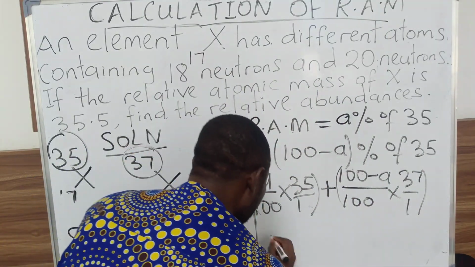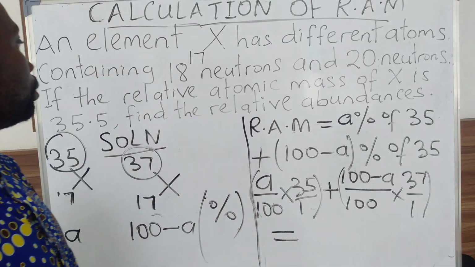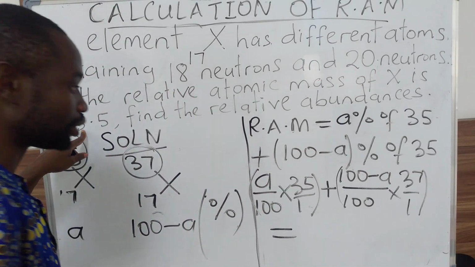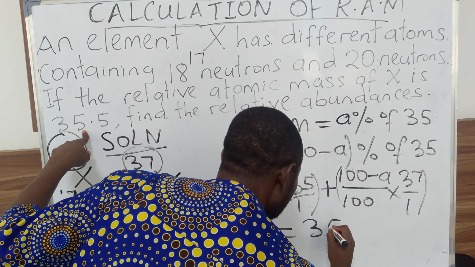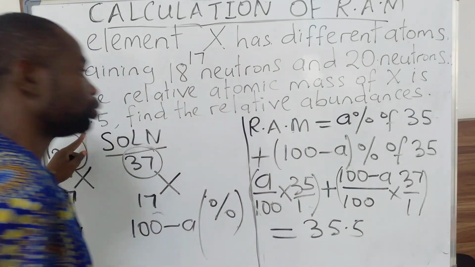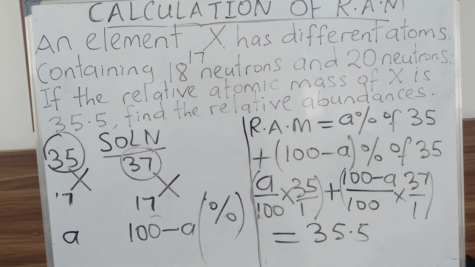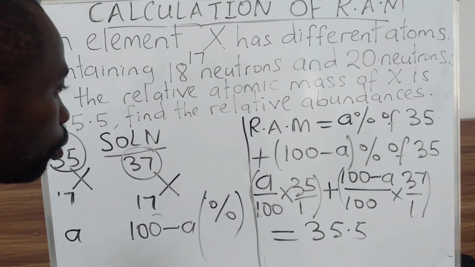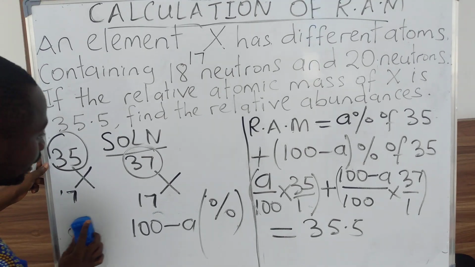The addition will give us the relative atomic mass, which is 35.5.